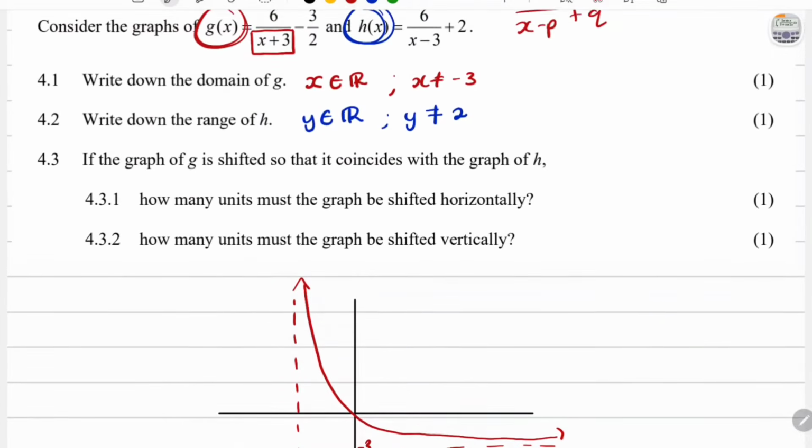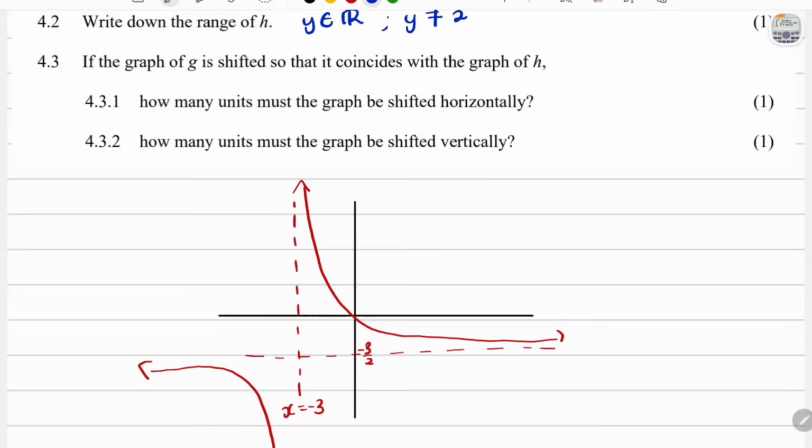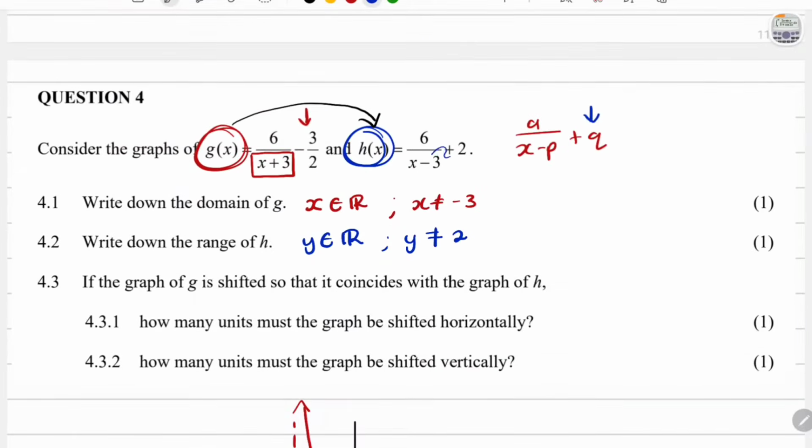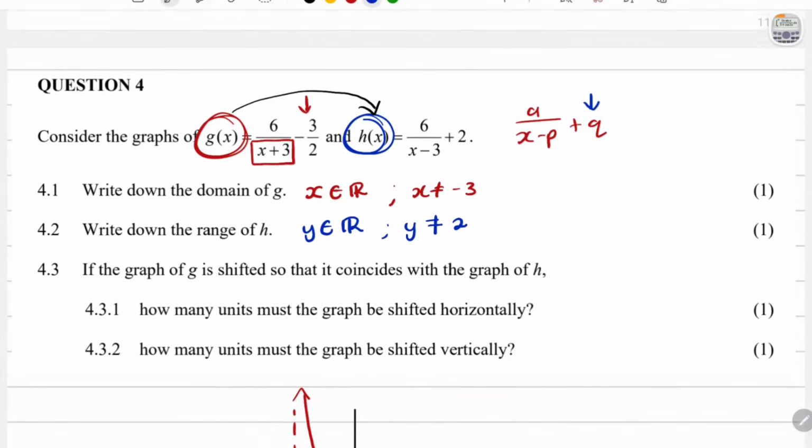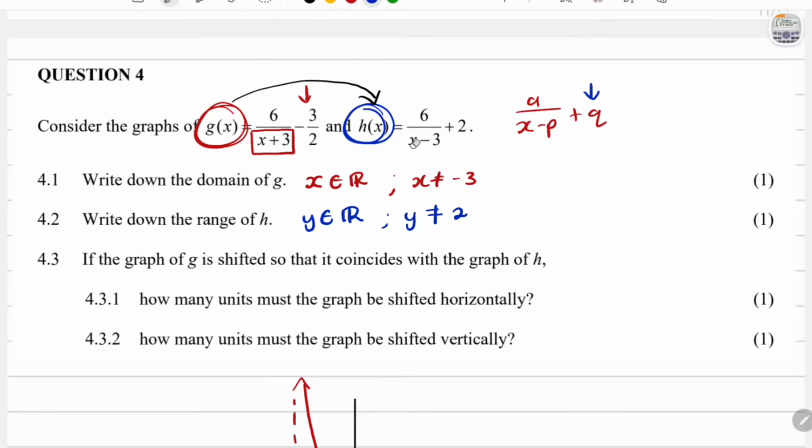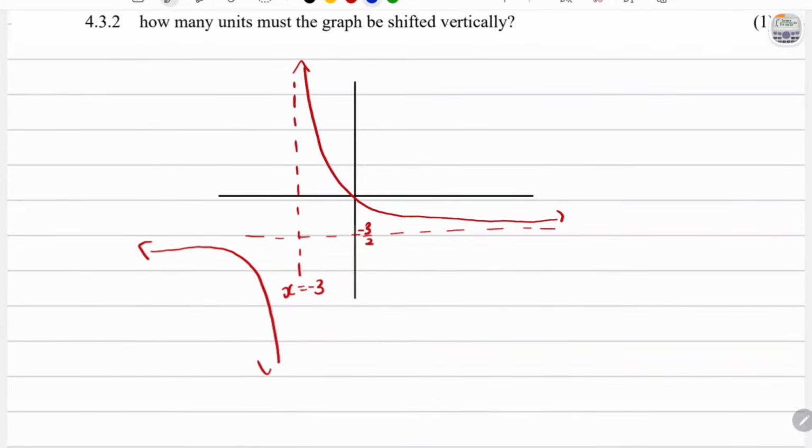And then the blue graph, right? Because that's going to be what shifts. The blue graph is going to look like this. Again, it's also in the first and the third quadrant. But here your asymptote is what? Since you have x - 3, your asymptote is actually x equals 3, because that is the value of p. See, x minus 3, so we have a 3 there.